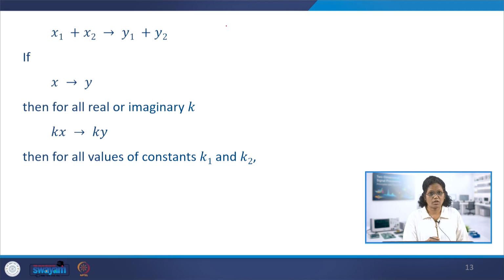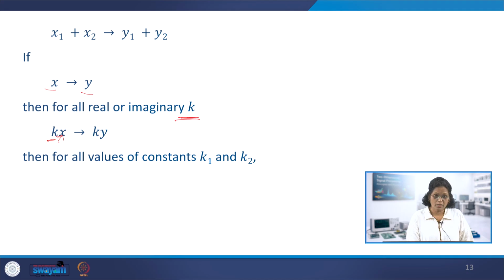What is the second one? The scaling or the homogeneity property. If you give an input X to a system and it gives the output Y, then for all real or imaginary values of K, when X is multiplied by K, the output should be multiplied by K. This K need not be a real number, as we saw in the time shifting operation or the scaling operation, like the combined operators.